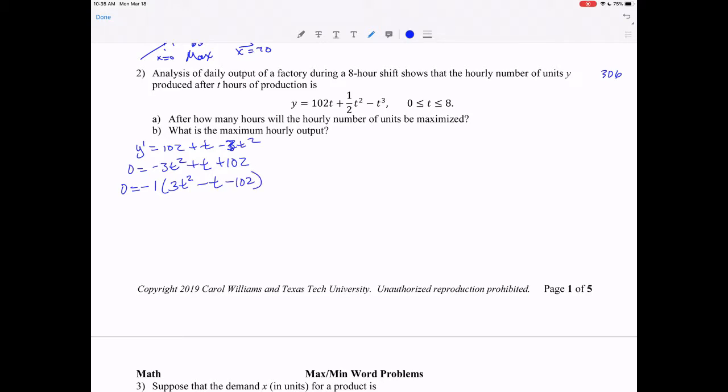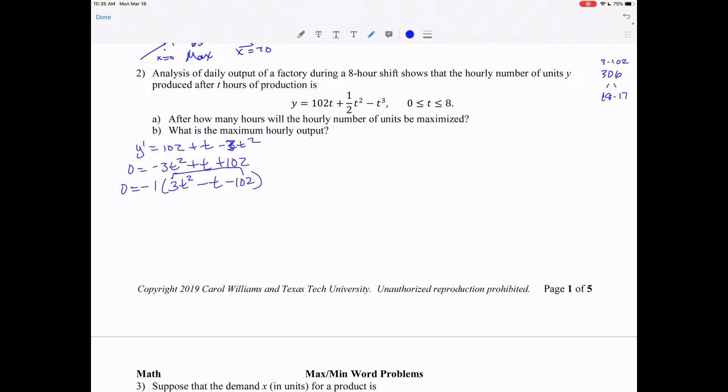To factor this, you're going to multiply the 3 times the 102, which is 306, and you want factors of that. You make a factor tree of 306, and what you come up with is that it's 18 times 17.